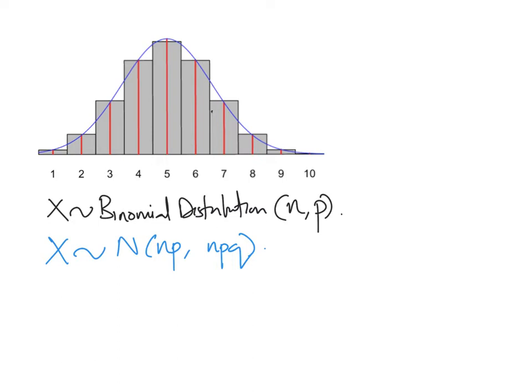Okay, so therefore if you have that, I can approximate the binomial distribution probability using the normal distribution. How do I do this?